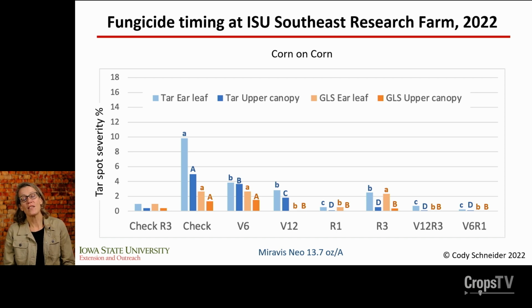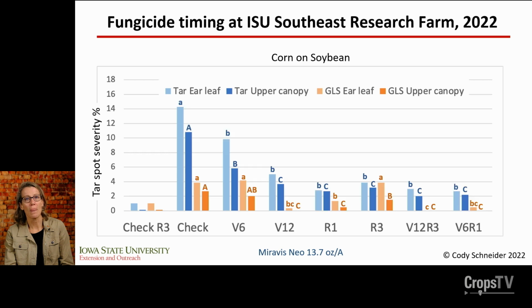But really the point here is that at R1, when Cody saw a few spots of tar spot in his trial, that R1 application that he made was most effective for reducing tar spot in this trial. And there wasn't much benefit from either double application.